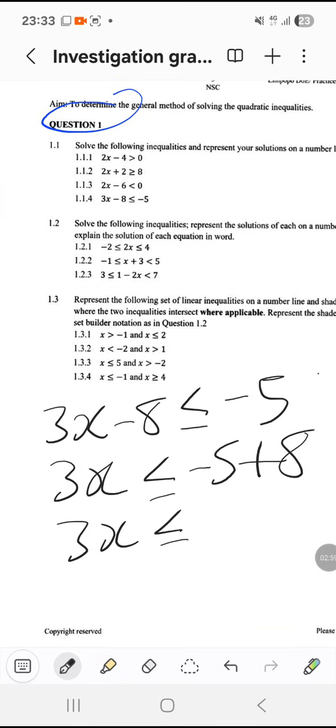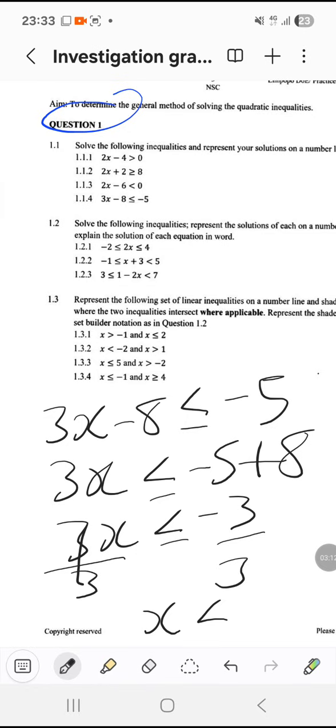So minus 5, what's minus 5? It's minus 3. Divide by 3, divide by 3. X is less or equal to minus 1.